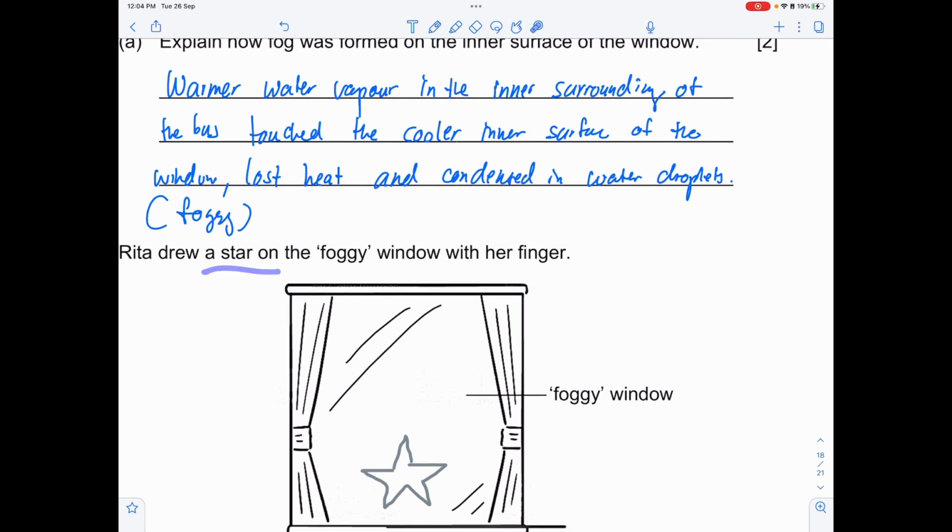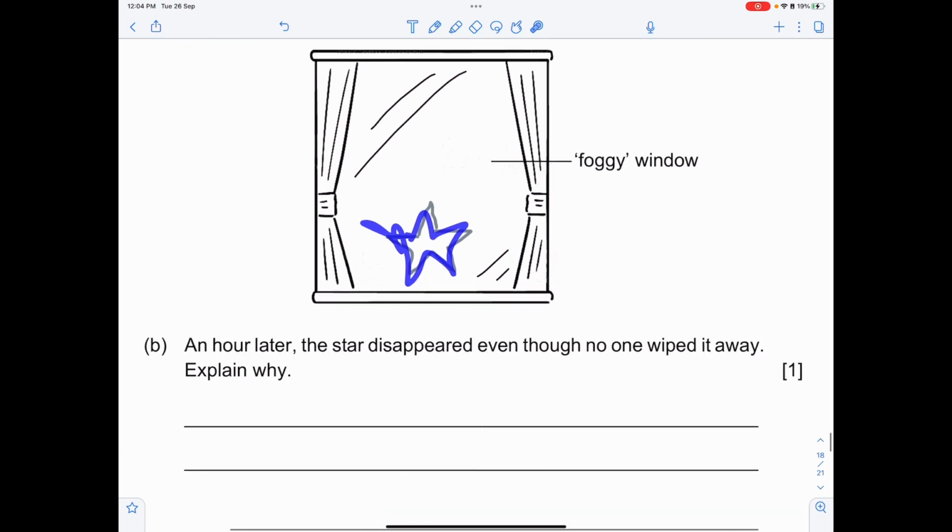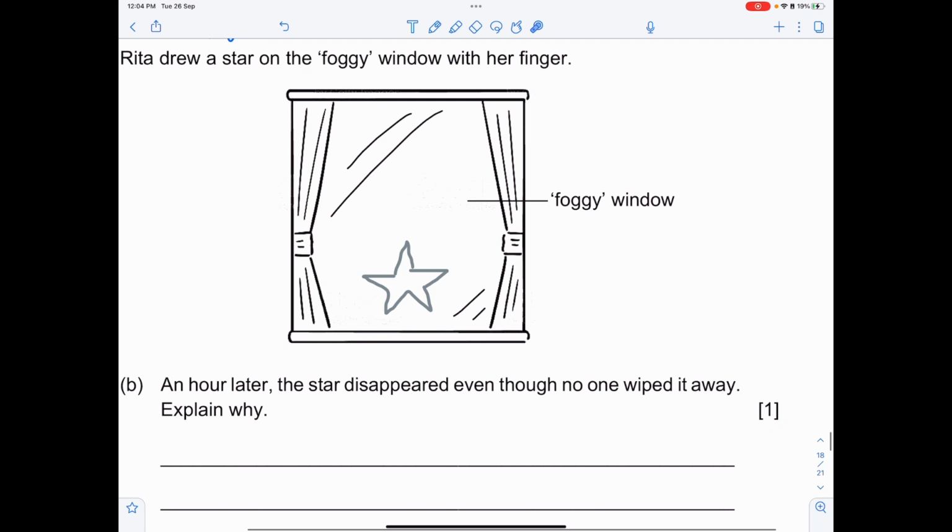Rita drew a star on the foggy window with her finger. An hour later, the star disappeared even though no one wiped it away. Explain why. What happens is that after a while, it no longer becomes foggy because, don't forget, your bus is getting heated up.